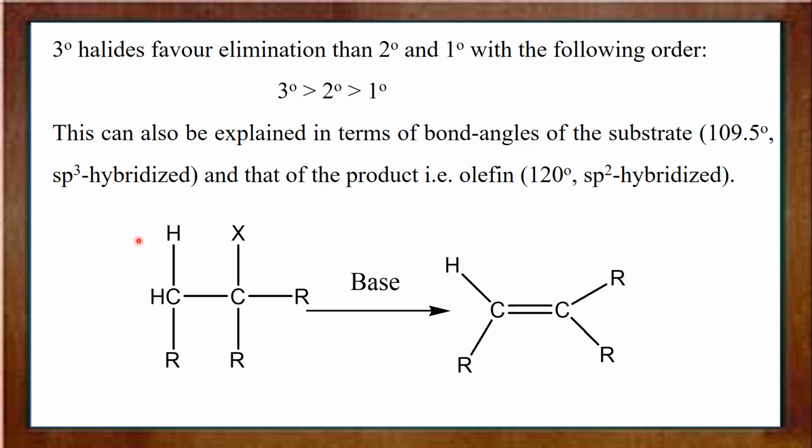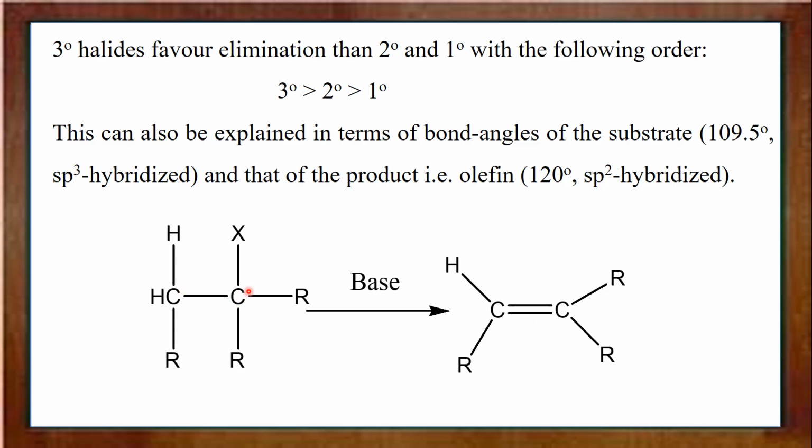So here I have given an example of a tertiary substrate. The halogen, the leaving group, is connected to a tertiary carbon. This carbon is connected to three alkyl groups. So this is a tertiary substrate. When it is treated with a base, it undergoes dehydrohalogenation to form an alkene.